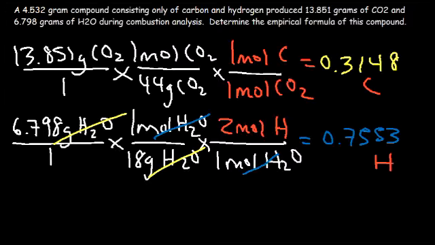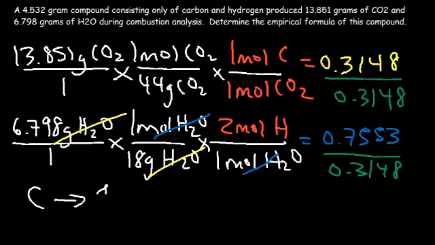So let's divide these two numbers by the smallest. We're going to divide this number by 0.3148, and this one also by 0.3148. So for carbon, it's going to be 1, and for hydrogen, it's 0.7553 divided by 0.3148, which is about 2.4.